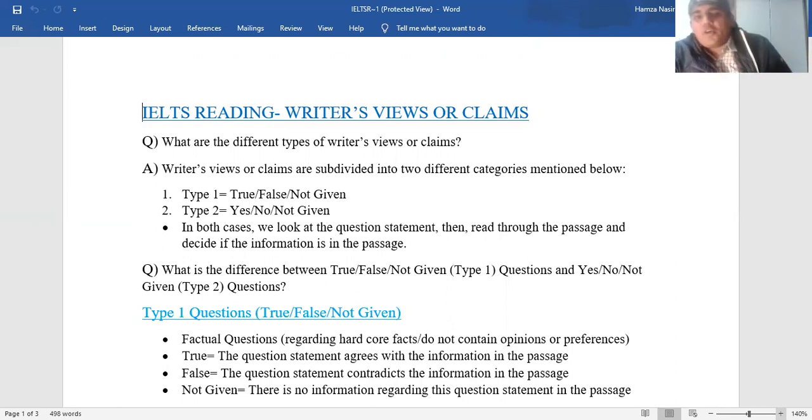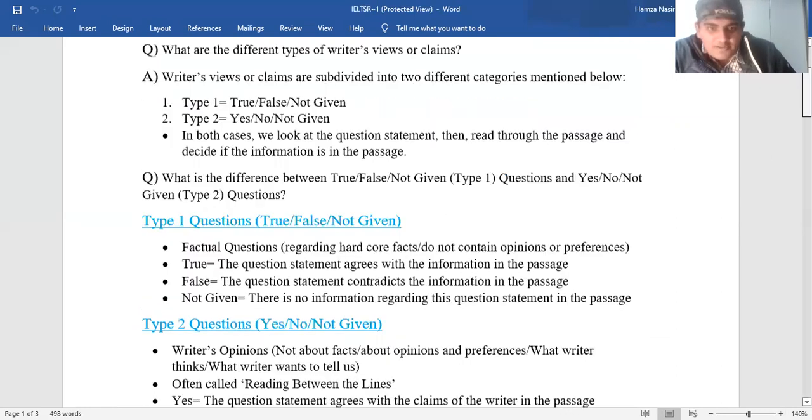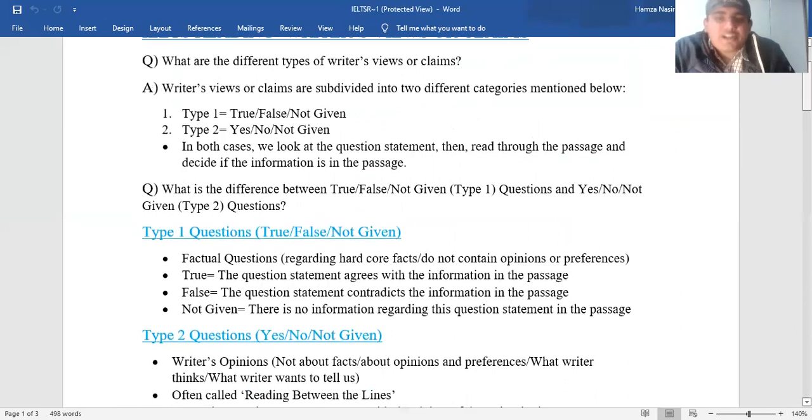So a very important question over here is going to be, what is the difference between true, false, not given, and yes, no, not given questions? In other words, what is the basic fundamental difference between the type 1 as well as the type 2 questions? So in this case, type 1 questions are basically factual questions, questions that are based more on the objectivity of the matter.